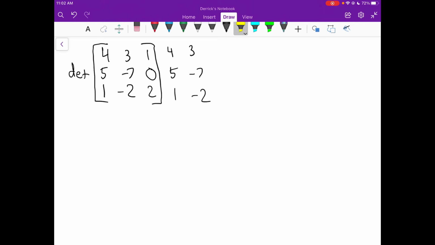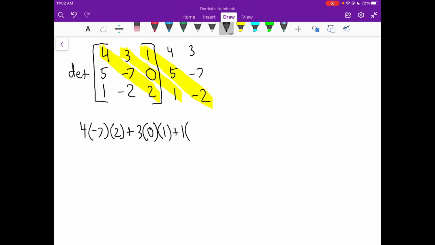First I want to find my downhill diagonals. Remember, there should be 3 of those with 3 numbers each. That would be 4, negative 7, 2; 3, 0, 1; and 1, 5, negative 2. So I've got 4 times negative 7 times 2 plus 3 times 0 times 1 plus 1 times 5 times negative 2.